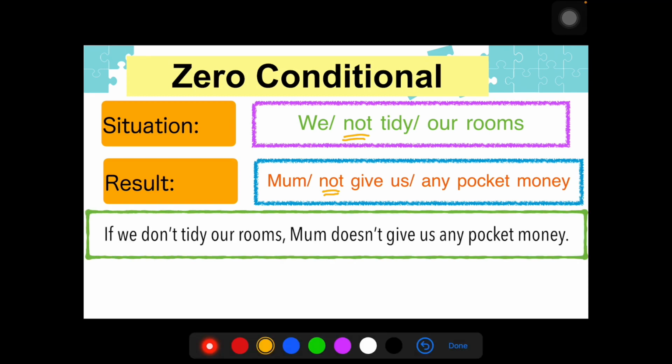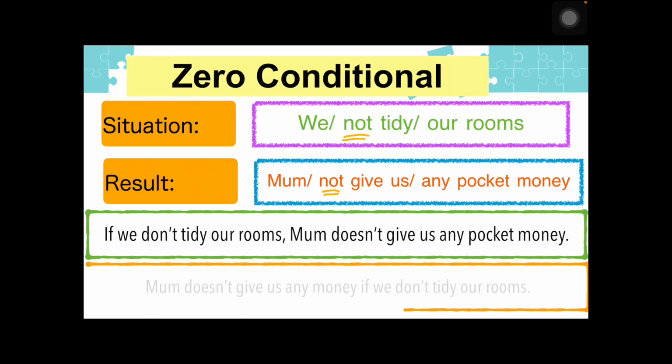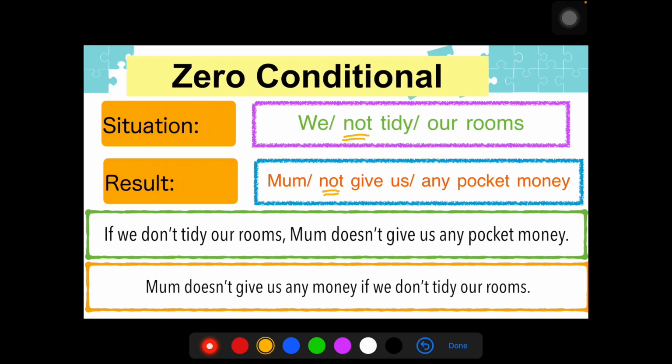If we don't tidy our rooms, Mom doesn't give us any pocket money. All right, try another way to write this. Nice. Mom doesn't give us any money if we don't tidy our rooms. We use don't with we, and we use doesn't with Mom, because it is a singular subject.